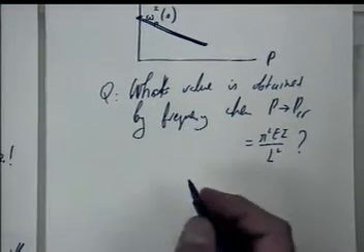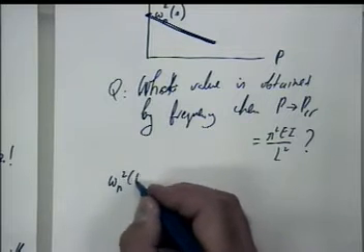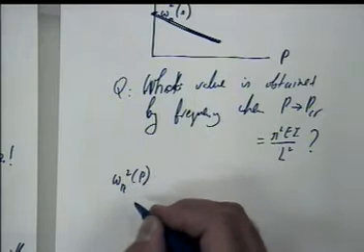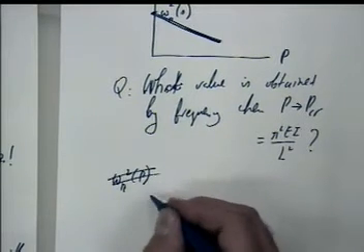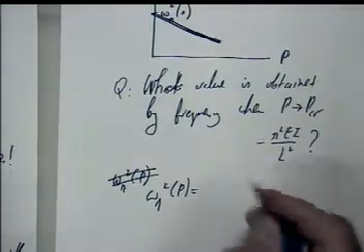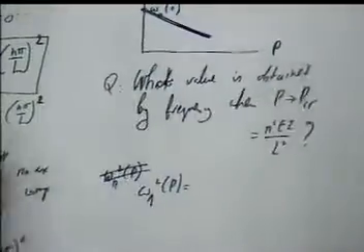It's very simple, just let us substitute. We have omega n square P. So what value is obtained by frequency? Let us calculate omega 1 square P. That equals first, so we have this one. Yeah, this n we put 1.